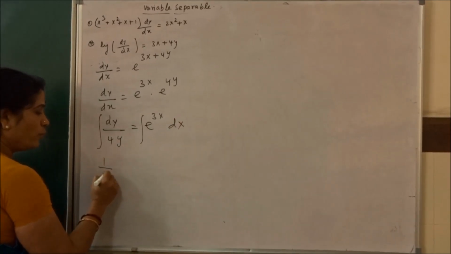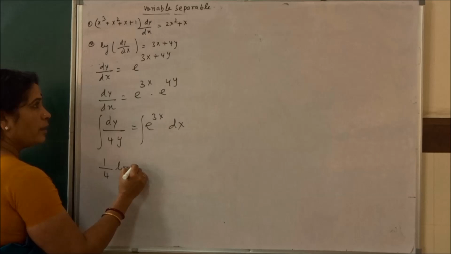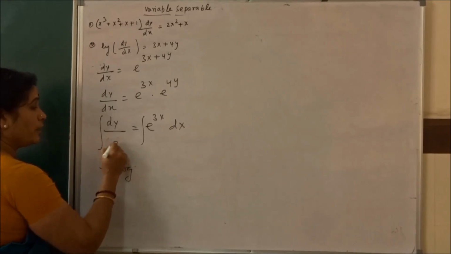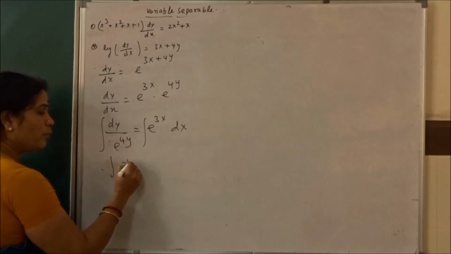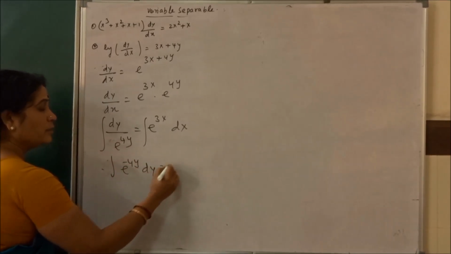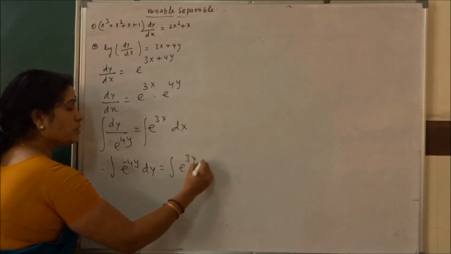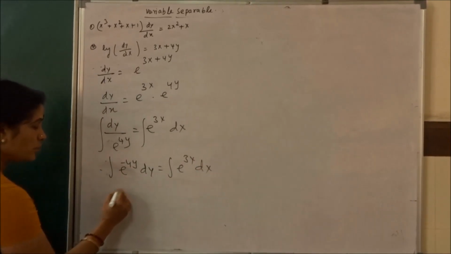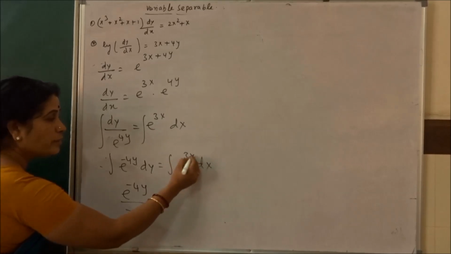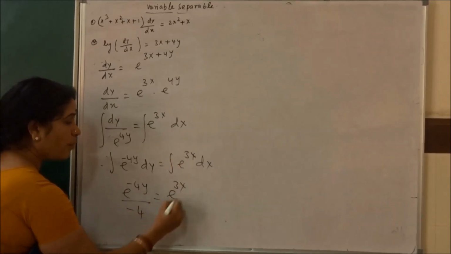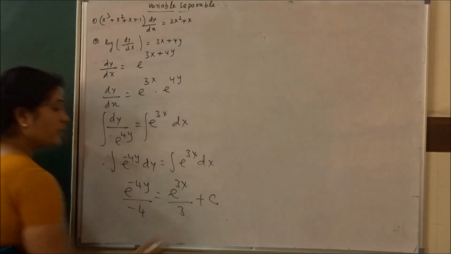So 1 upon 4, this becomes log y, am I correct? Sorry, e power 4y. Now you take it to the numerator, e power minus 4y into dy, that is equal to integral e power 3x into dx. Now we are getting e power minus 4y upon minus 4, and if you integrate this part, e power 3x upon 3 plus c.